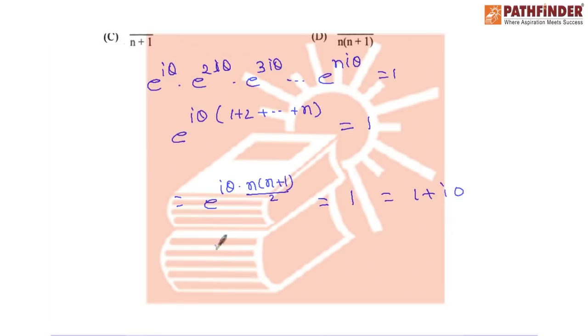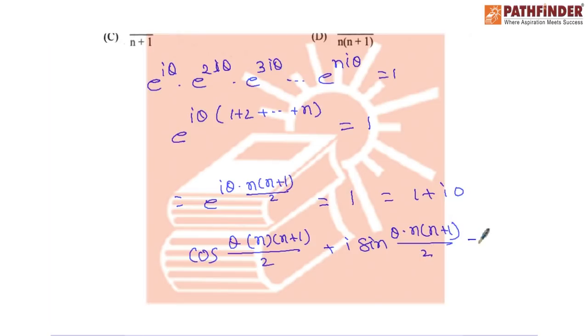So this is possible only when cos of theta n into (n plus 1) by 2 plus i sin of theta n into (n plus 1) by 2 is equal to 0.